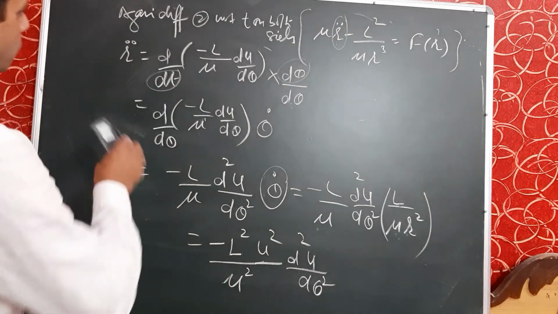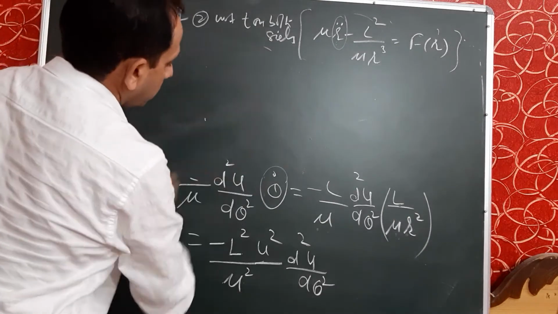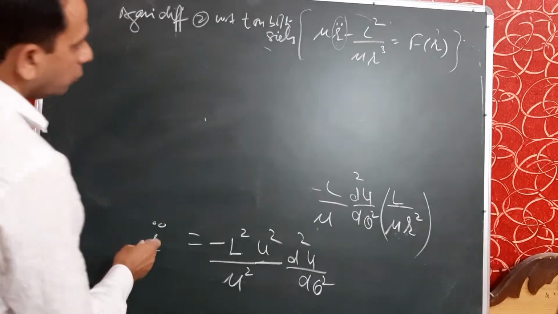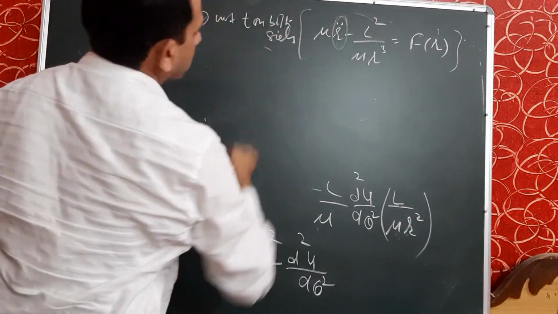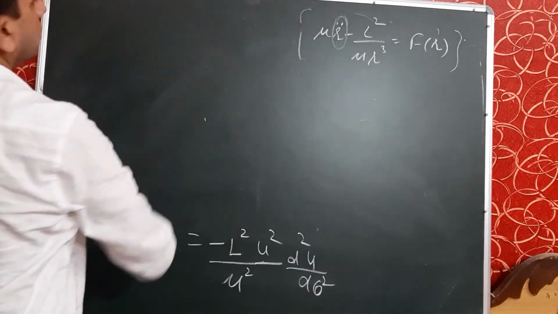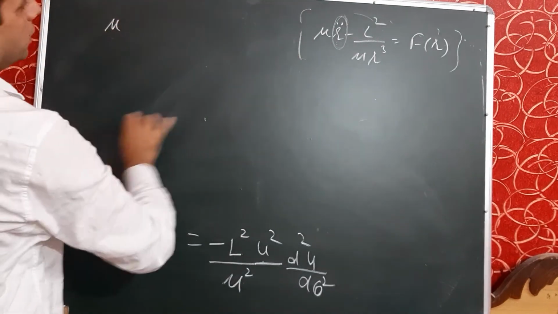Now we will put this value for r double dot in equation number 1, and we will get mu into r double dot.